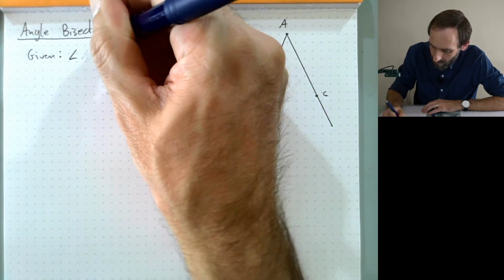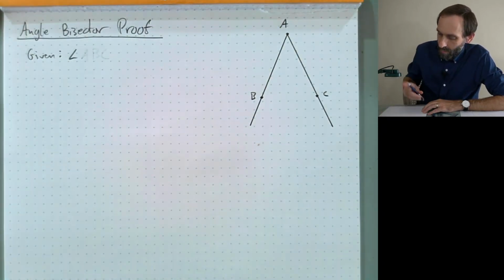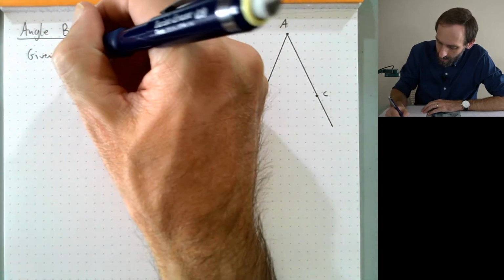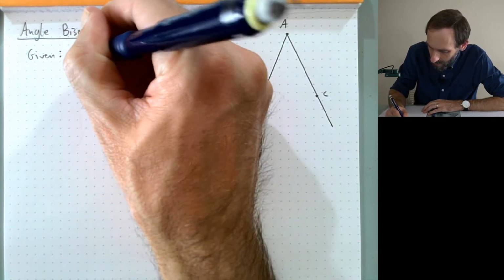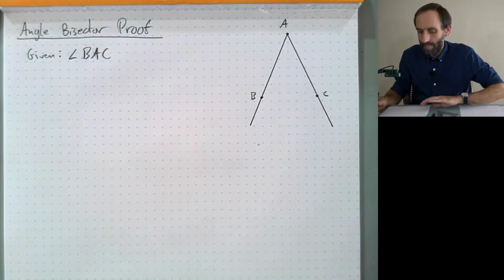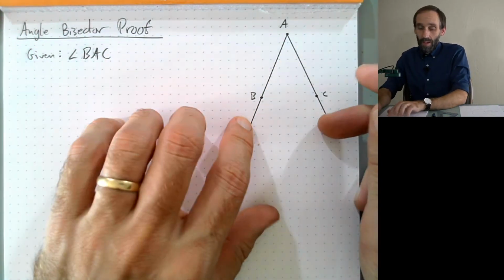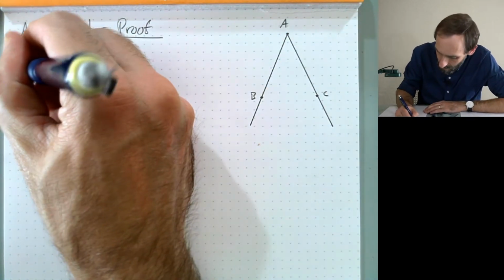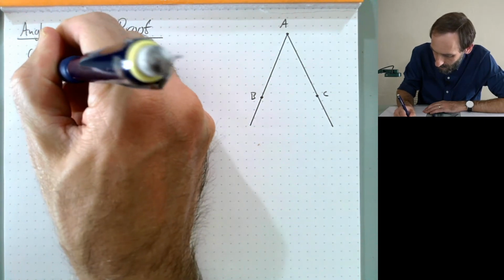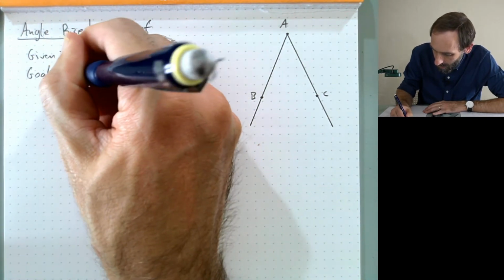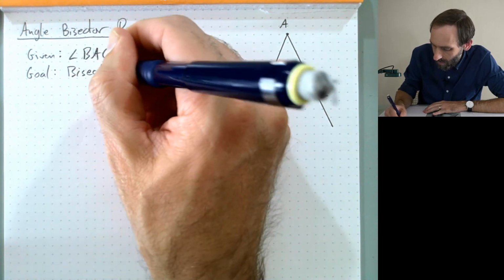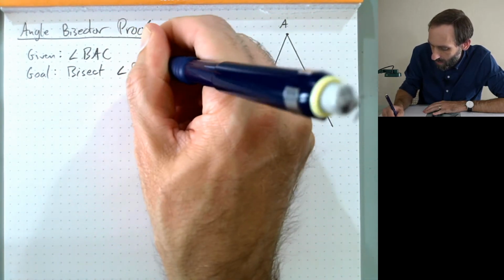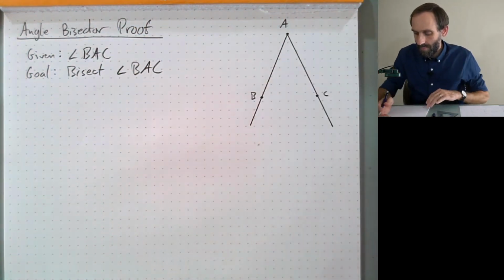Sorry about that. So A is in the middle, so it's going to be angle B, A, C. Okay, so given some angle, BAC, our goal is to bisect this angle, bisect angle BAC.